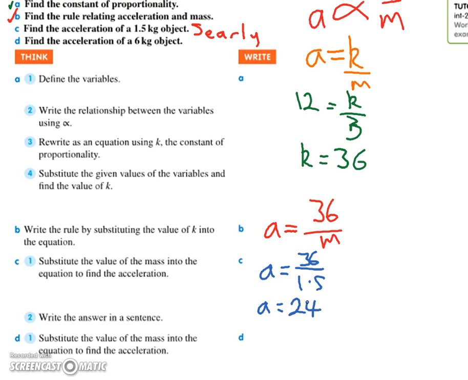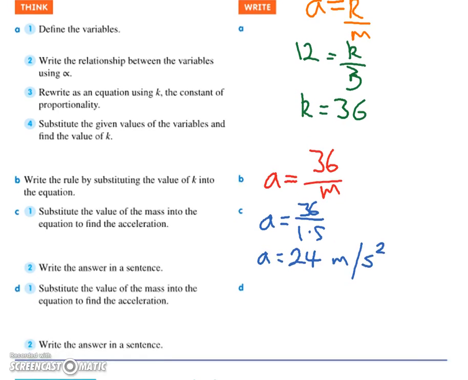Do we all get 24? 24 what? Meters per second squared. That's our acceleration. So if we had a 1.5 kilogram object, the acceleration would be 24 meters per second squared.